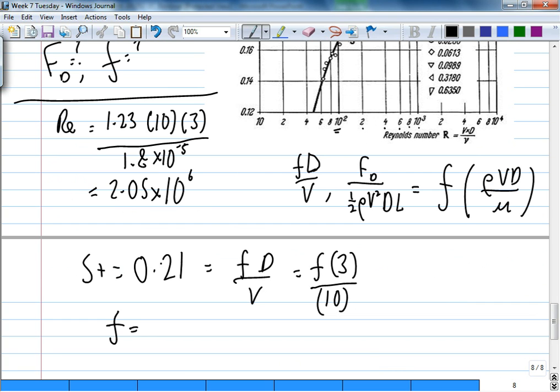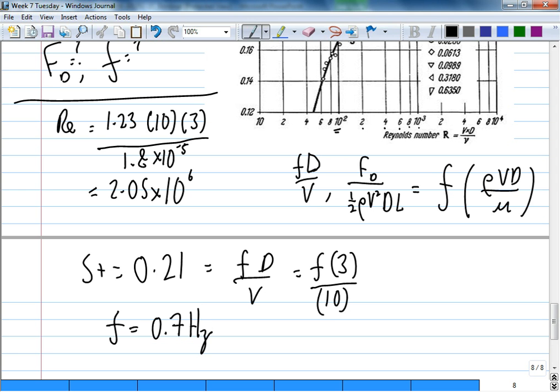What's 10 times 0.21 divided by 3? 0.7 hertz. That's our frequency, so it will complete one full cycle of shedding a vortex pair, one from the left, one from the right, every 0.7 seconds. Every 1 over 0.7 seconds.